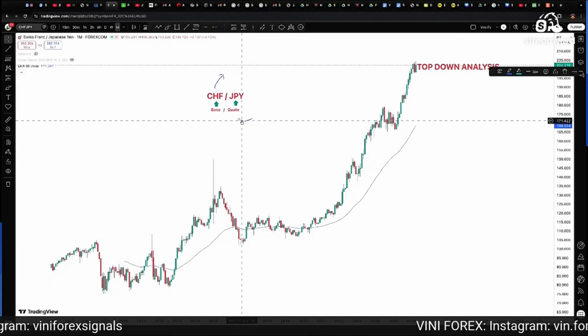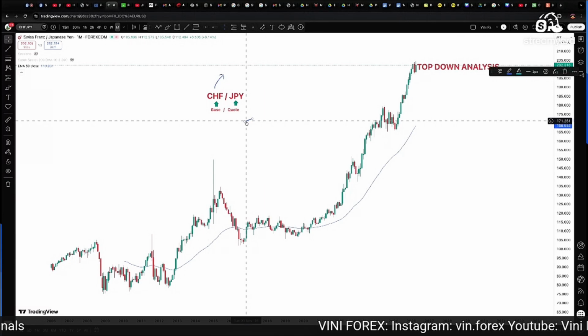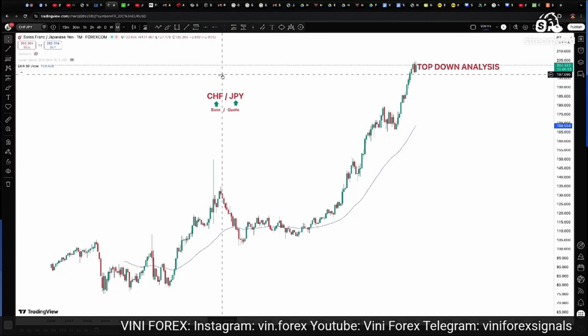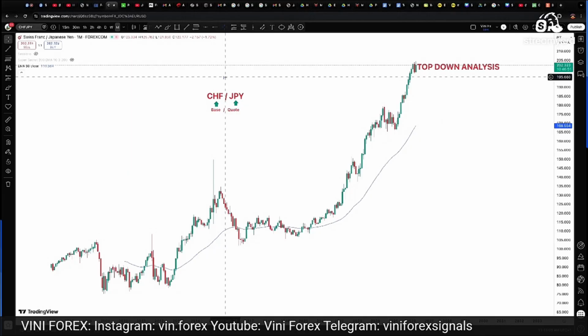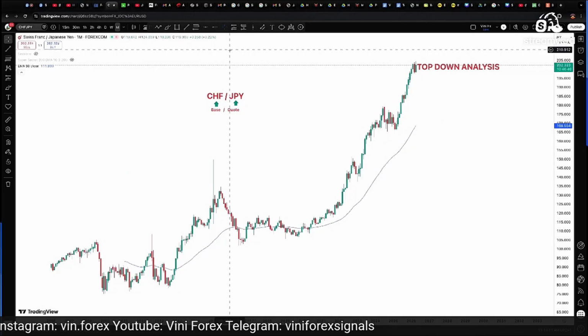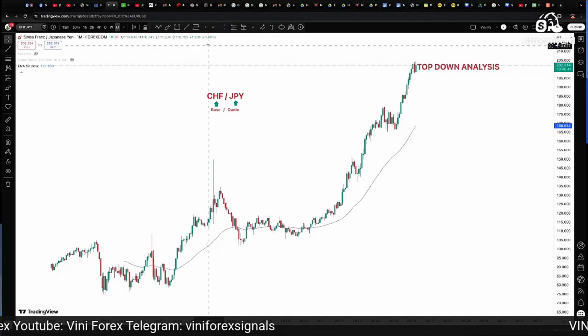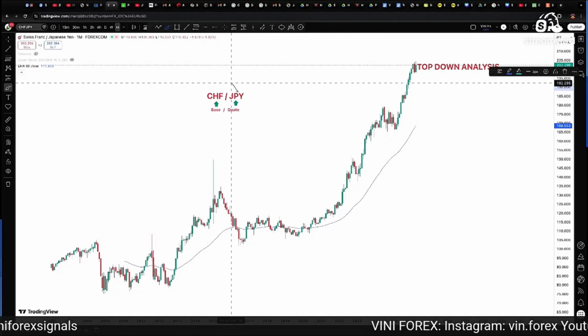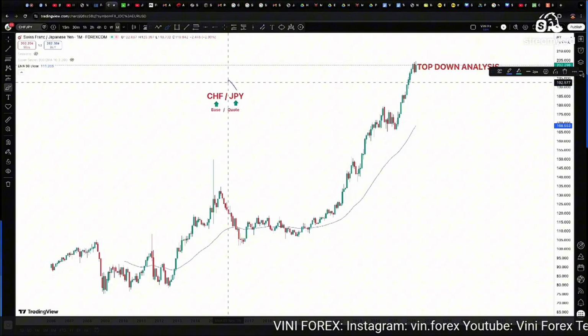And when we say sell, when we say this market is on a downtrend, it means the opposite. What does that mean? It means that when you say sell, you are now buying the quote currency.